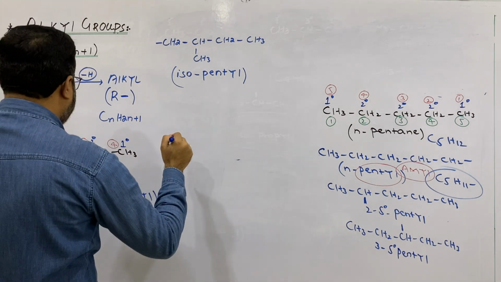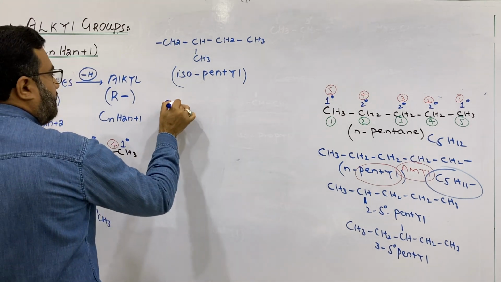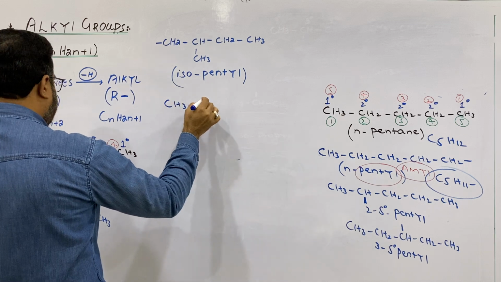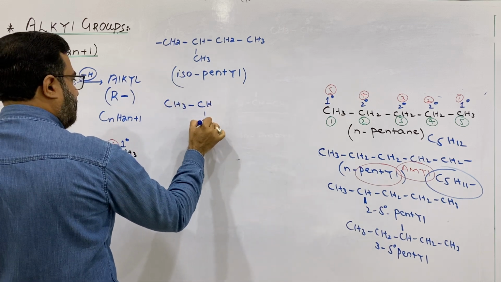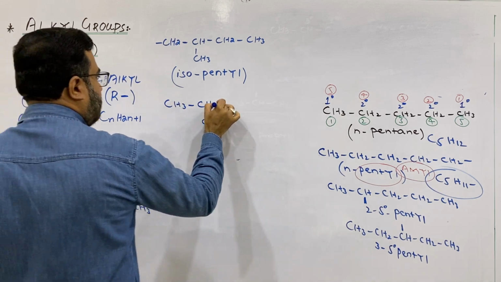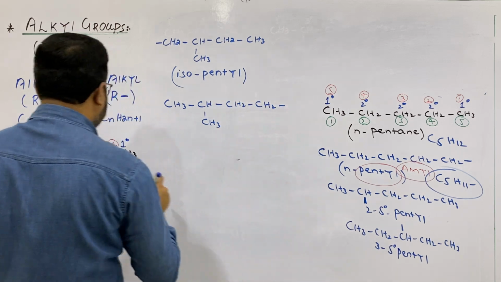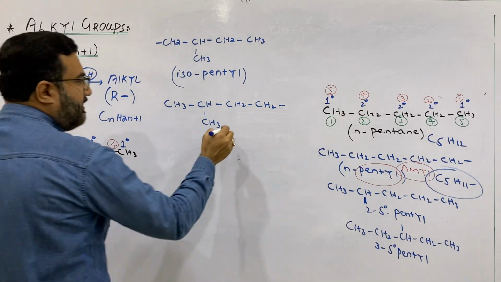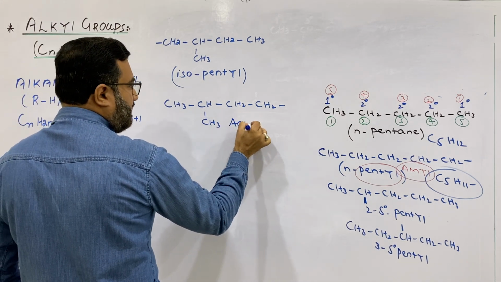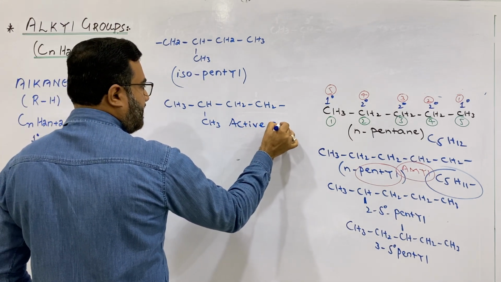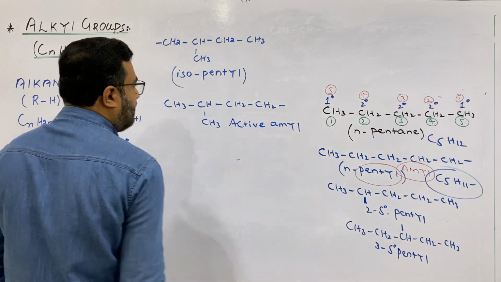If you remove hydrogen from carbon number 4, this one, it is also a primary carbon, it will be called the active pentyl or active amyl group.